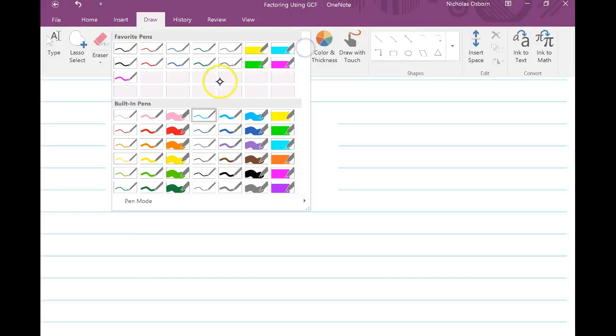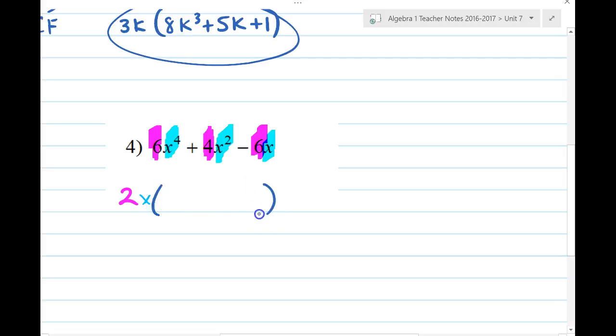Okay, next thing. Now, what I'm going to do, like I did in the last problem, is divide 2 all the way across. 6 divided by 2 is 3. Okay, if I have 1 x here, I need how many to get x to the 4th? 3 x's. Bring down the sign. 4 divided by 2 is 2.